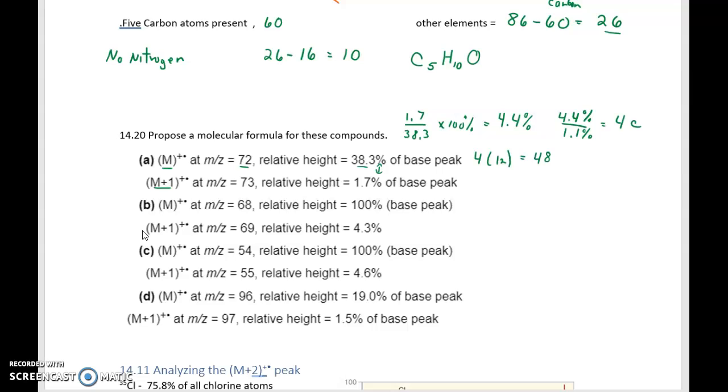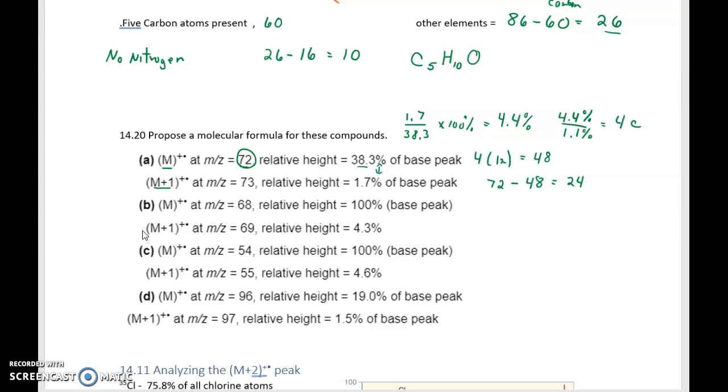Now we have a molecular mass of 72, so we'll take our 72, subtract off the mass of the carbon, and we'll end up with 24. So the rest of the molecule has to weigh 24 units.